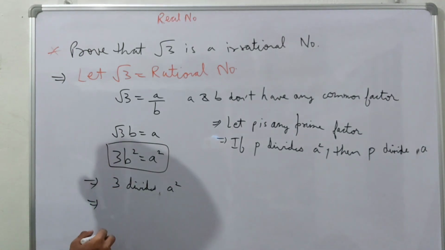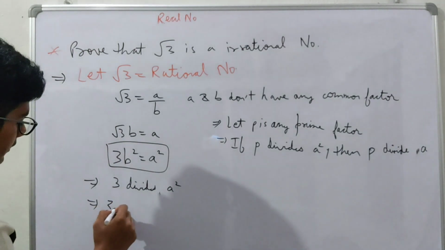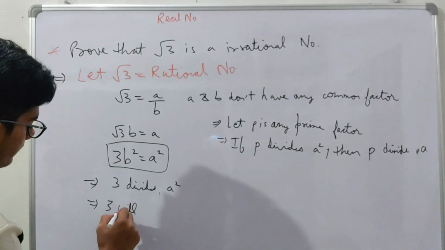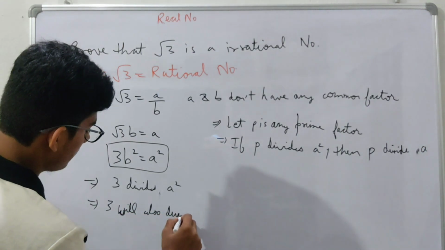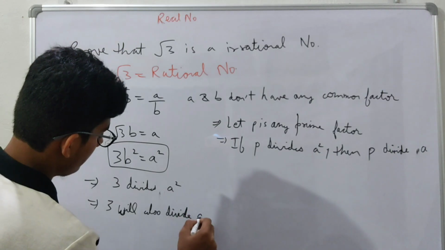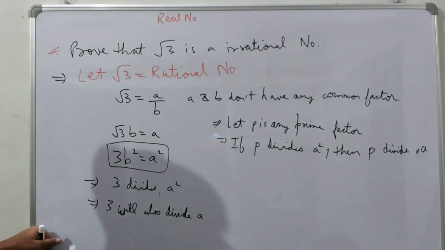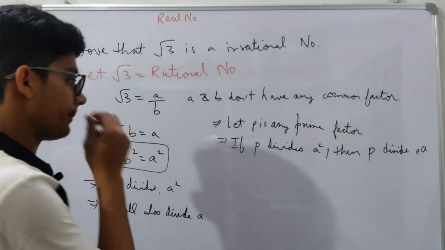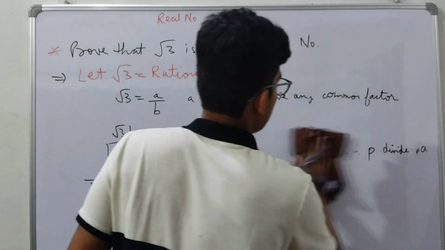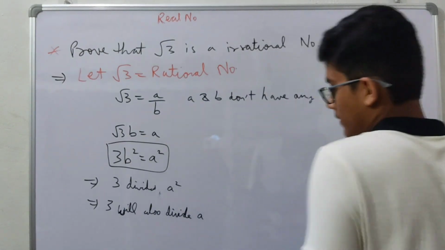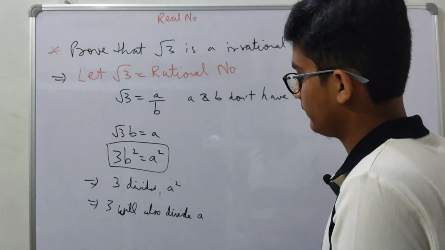So if 3 divides a square, then 3 will also divide a.